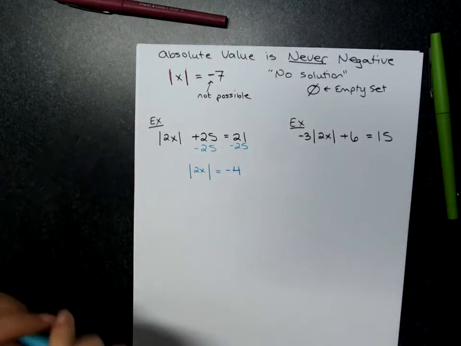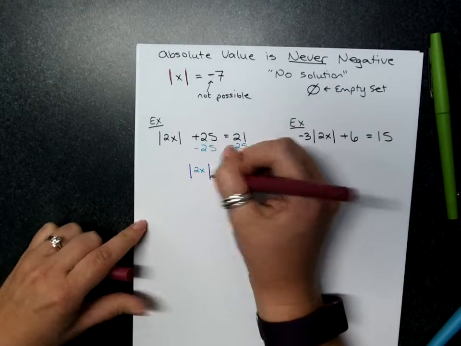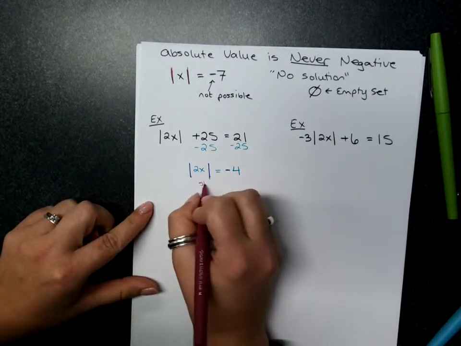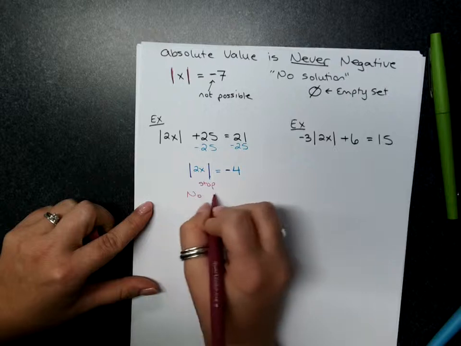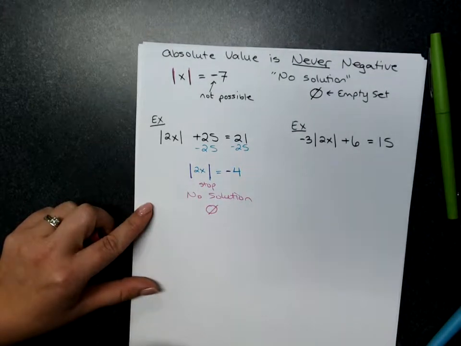And that's when we have a problem, because we've isolated the absolute value bars and it's equaling a negative number. So then we stop and we say no solution, which is a circle with a slash through it.